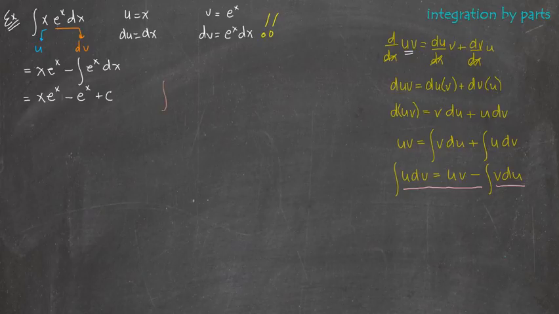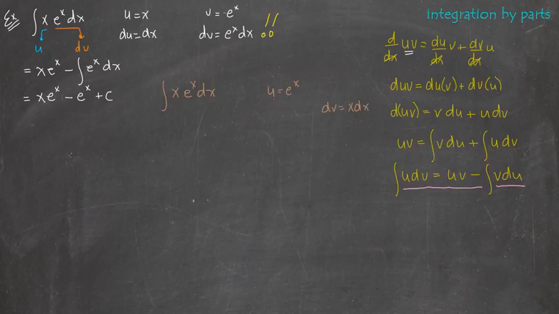This time I'm going to use the opposite substitution for u and v. So if the problem is the antiderivative of x e to the x dx, the substitution I want to use this time is I'm going to let u equal e to the x and dv equal x dx.